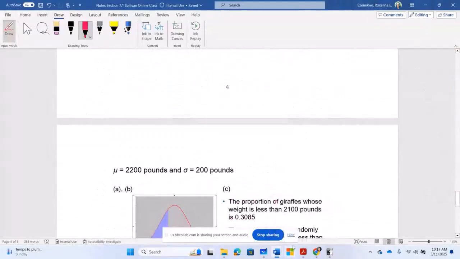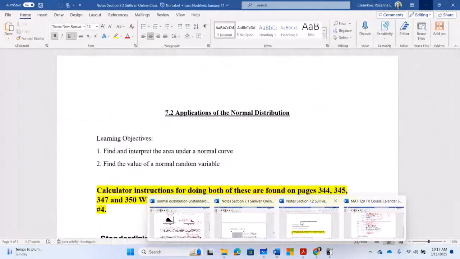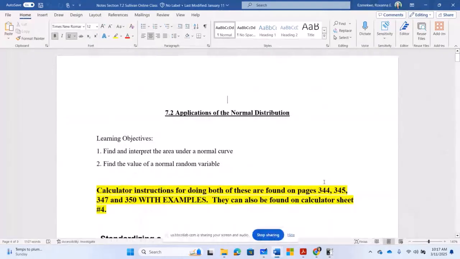Let's get 7.2 notes. Application of normal distribution: find and interpret the area under the normal curve. Find the value of the normal random variable.